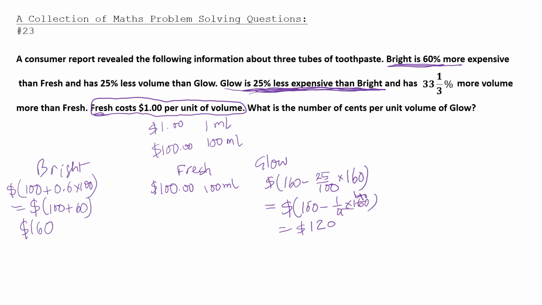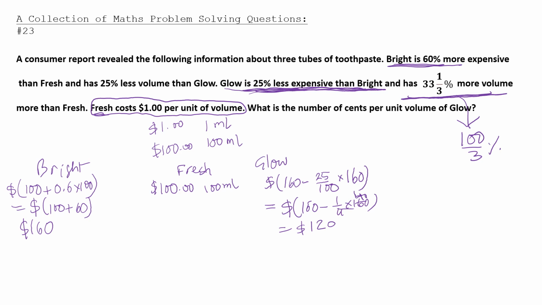Then I have to work out the volume. So it has 1 out of 3% more volume than Fresh. Now this I can write as 100 out of 3%, converting 1 out of 3 into an improper fraction.